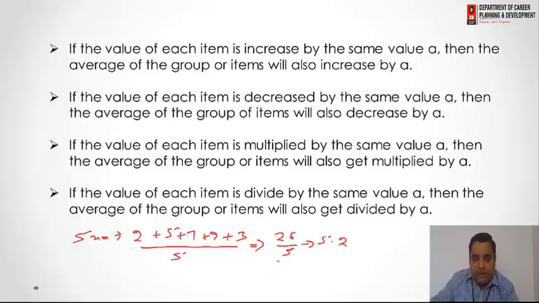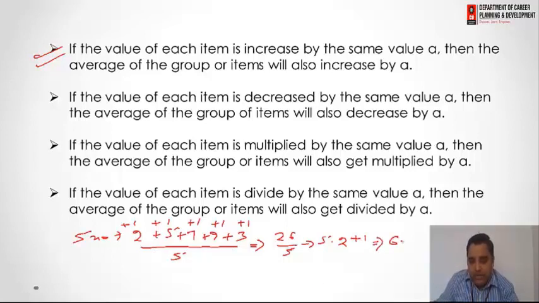But the first statement says that if all the numbers are increased by 1, like 2 plus 1 is 3, 5 plus 1 is 6, 7 plus 1 is 8, 9 plus 1 is 10 and 3 plus 1 is 4, then the average is also increased by 1. This is the concept that we have.